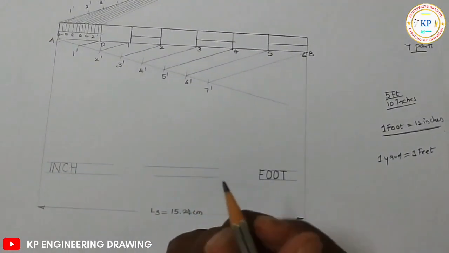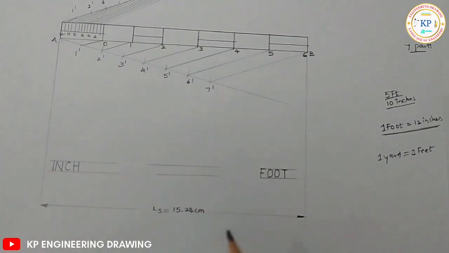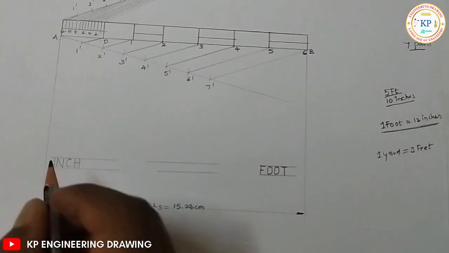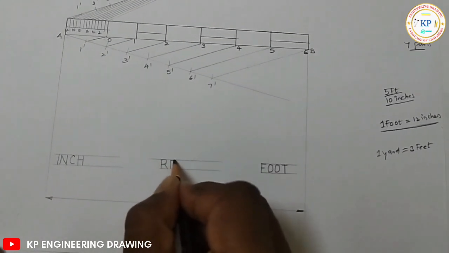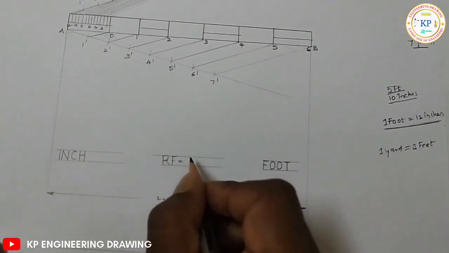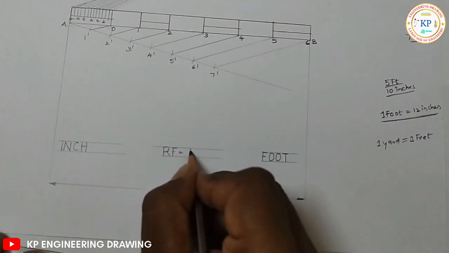This is inch. Okay, so inch and foot, main scale and subscale. Okay, so in the middle write RF is equal to 1:14.